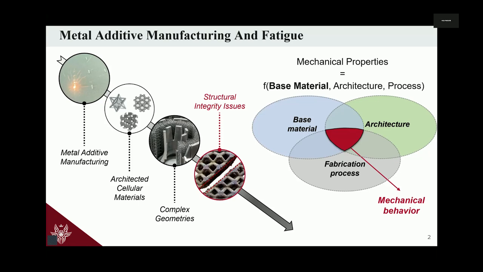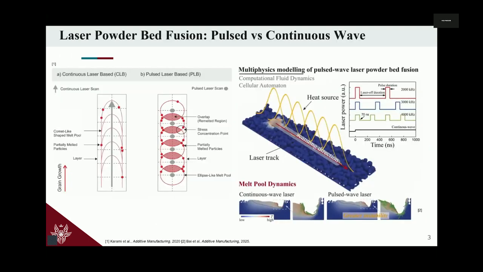Usually, when we are dealing with the fabrication process of metal AM, most of the time, at least for the most ready technology within the industries, we are dealing with laser powder bed fusion. But even within laser powder bed fusion, we have different sub-technologies, for instance, how the emission of a laser is done.